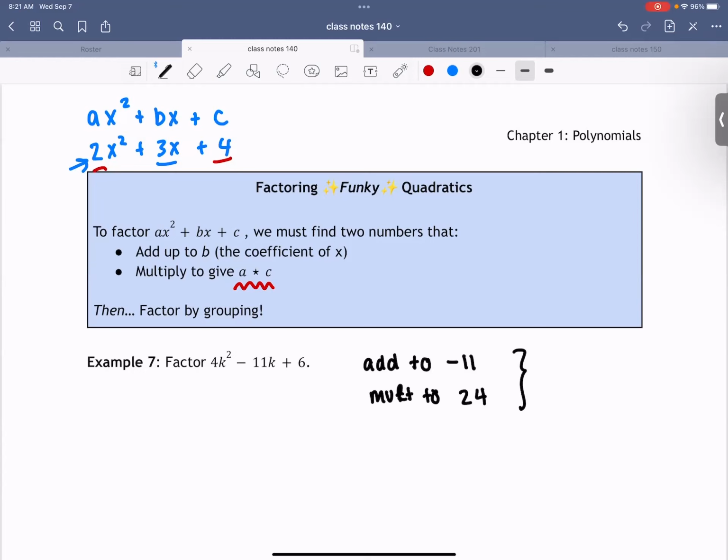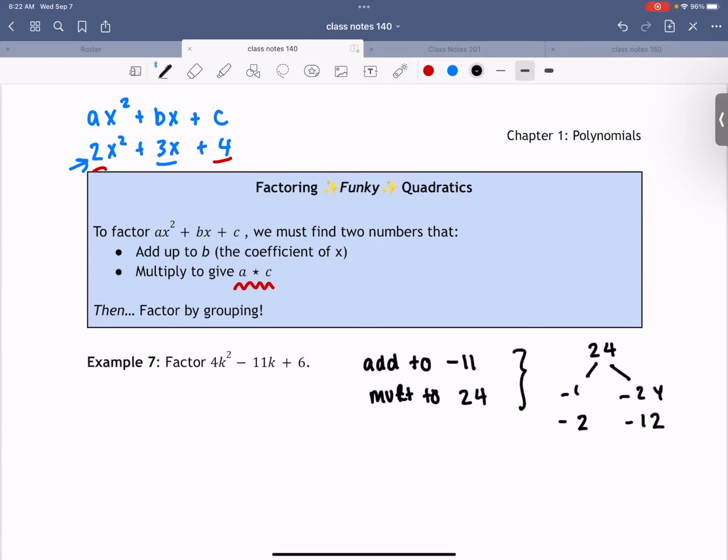Okay, so taking my advice, let's start with 24 and see what things multiply to give that. Okay, we got -1 and -24, and that doesn't add to -11, right? We've got -2 and -12. That doesn't add to -11 either, right? Let's see what else we have.